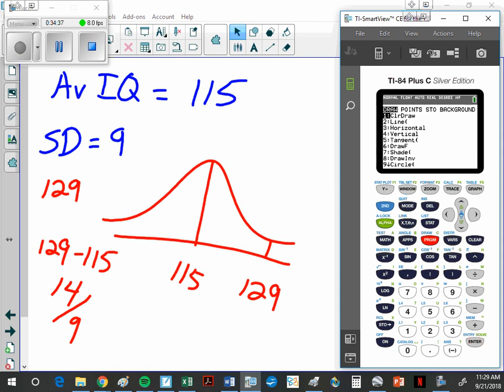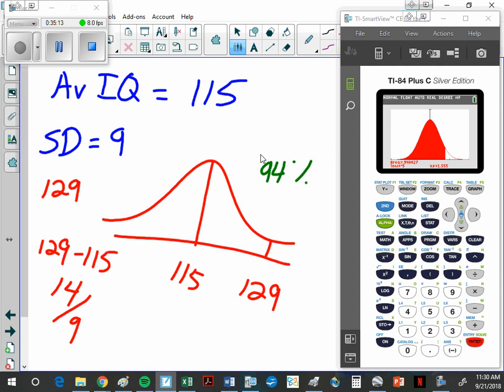Clear out my draws, and I'm going to shade norm from negative infinity, so negative 5, to 1.55 with my 0 and 1. And I get 94%, which means my IQ is higher than 94% of the people.